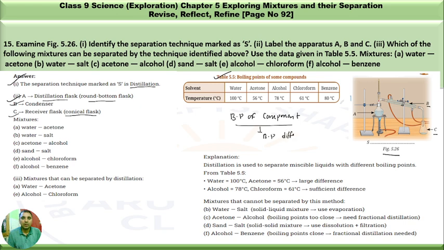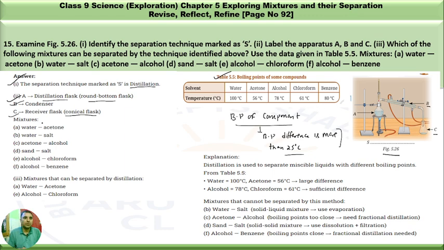If the boiling point difference is more than 25 degrees Celsius, the distillation method is applicable. Here the boiling points of some compounds are given. These are all different solvents: water 100 degrees Celsius, acetone 56 degrees Celsius, alcohol 78 degrees Celsius, chloroform 61 degrees Celsius, and benzene 80 degrees Celsius.